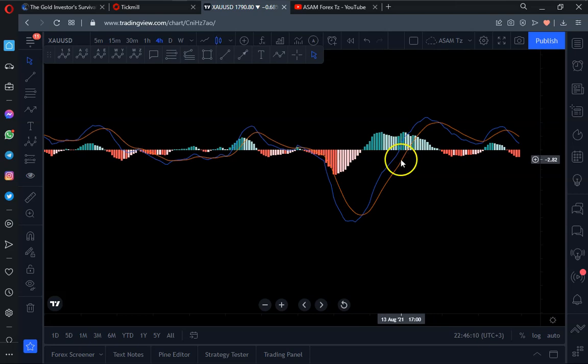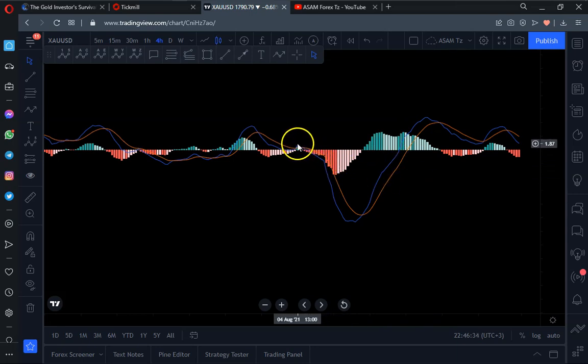So for you to take a buy trade, when MACD crosses over a signal line from the lower side to the upside, the MACD line and signal line must already be above the zero line. That is the principle for better trading, for better results. In order to trade successfully, you have to observe that condition.